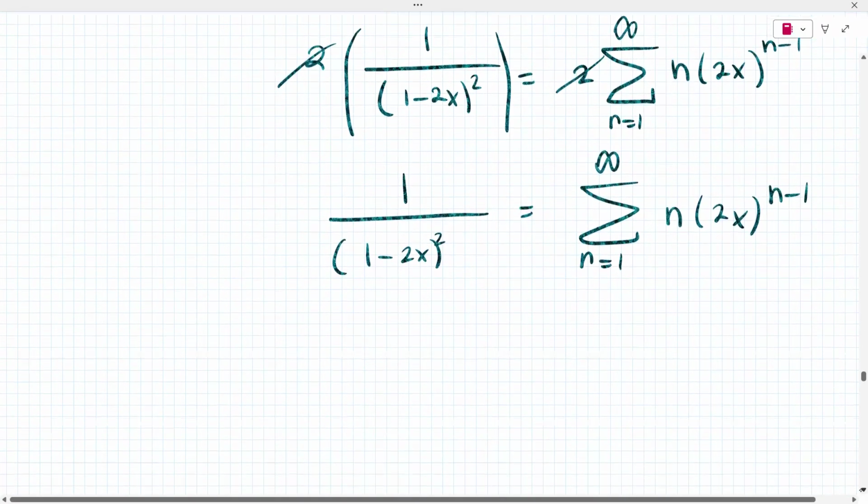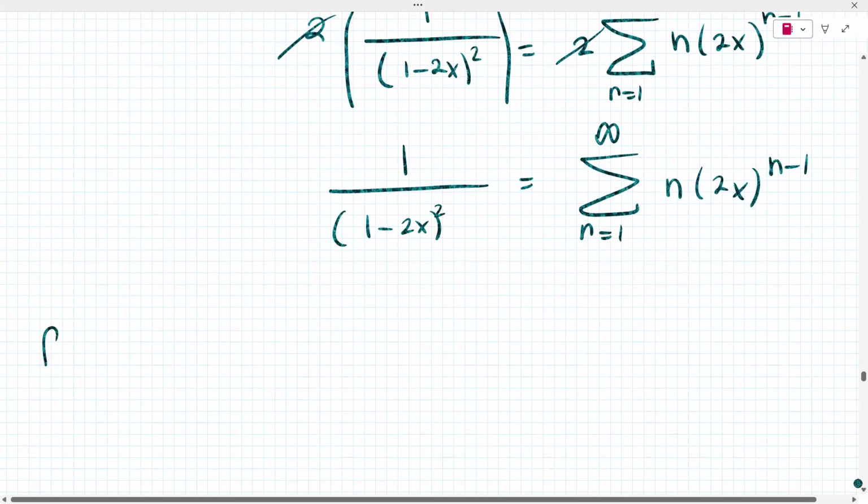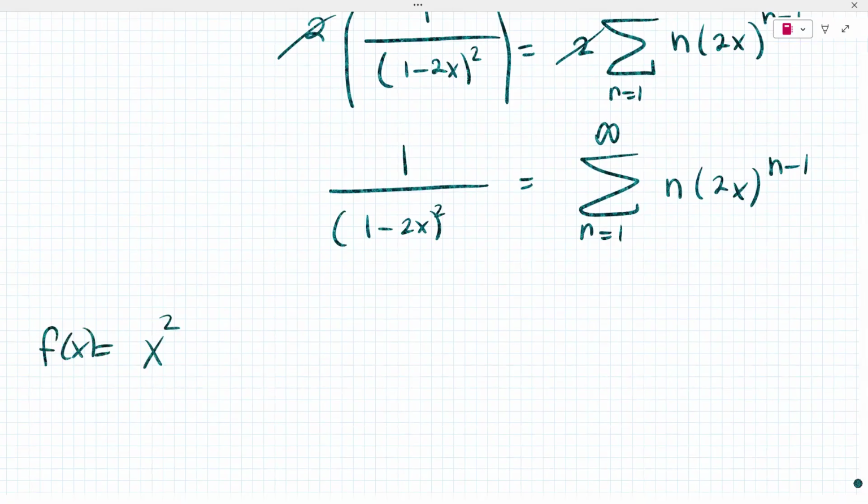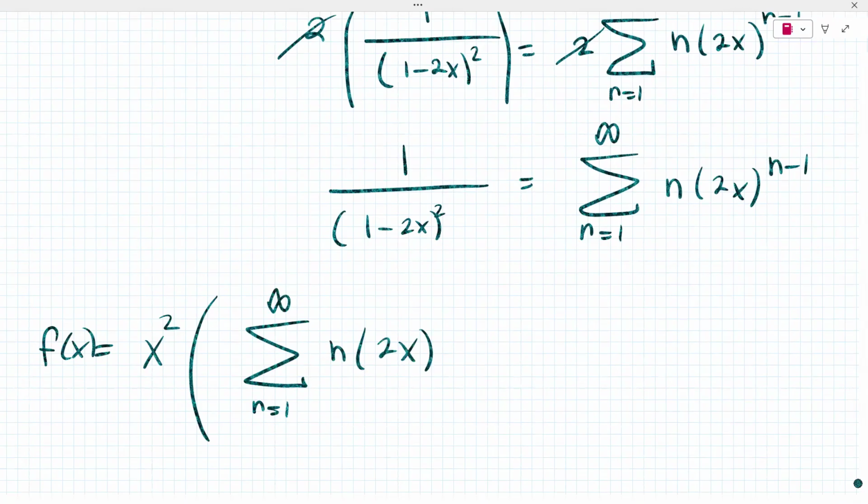You get f of x equals x squared times the summation to infinity of n times (2x) to the n minus 1.